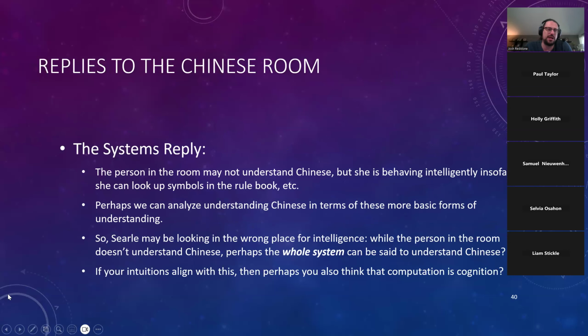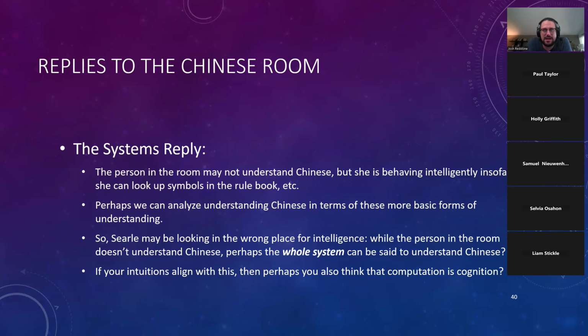There are also these very famous replies to Searle, like the systems reply. Maybe the person in the Chinese room doesn't understand Chinese, but she is still behaving intelligently in a sense, right? She's able to look up things in the rule book, match the appropriate outputs to the inputs she's receiving.